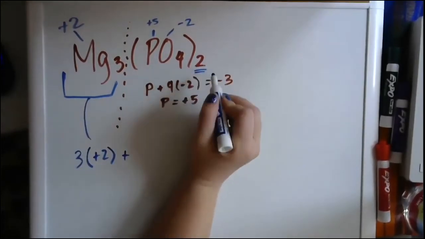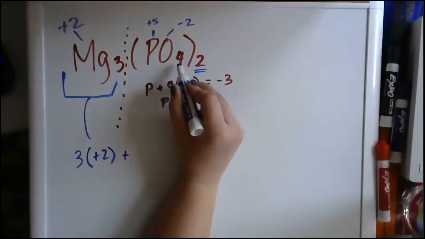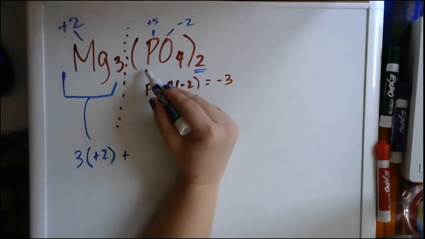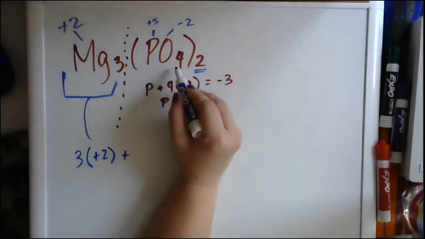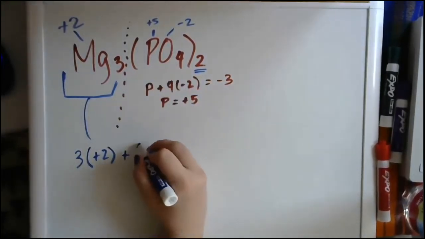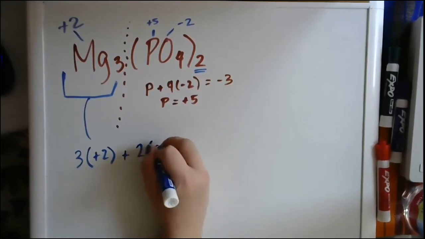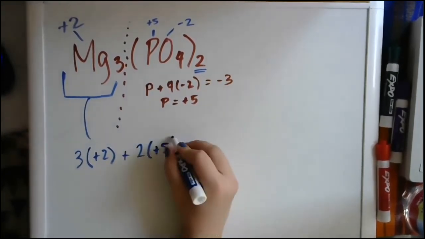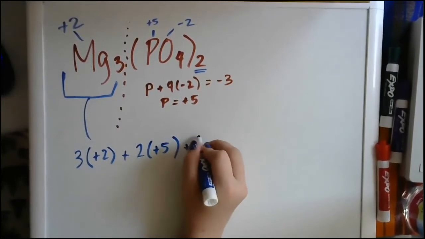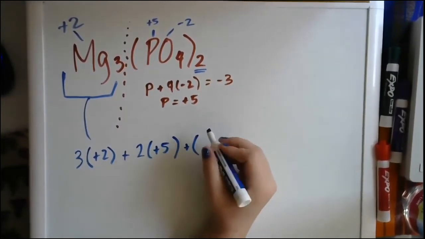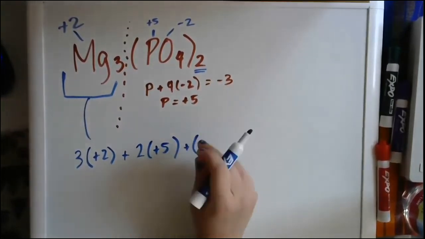Now, I have 2 phosphate groups. That means I have 2 phosphoruses and I'm going to have 8 oxygens. So my oxidation state for phosphorus, I'm going to have to multiply by 2. And my oxidation state for oxygen, I'm going to have to multiply by 8.